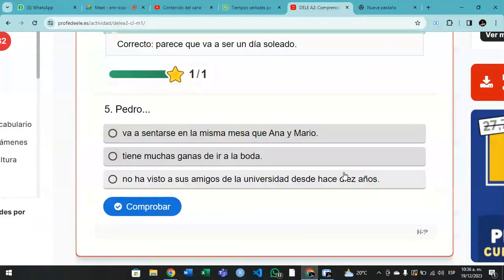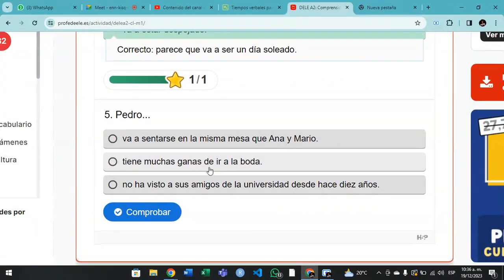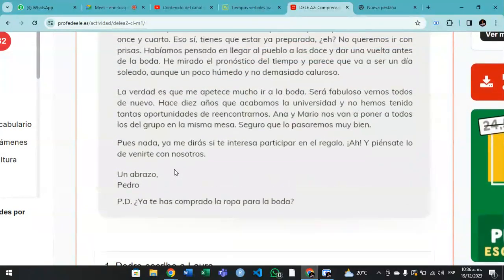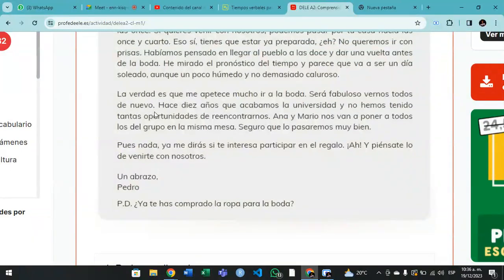I think it's the last one. This one says that he hasn't seen his friends, right? But this one says that they haven't seen each other too many times, like we haven't had too many chances to see each other again.